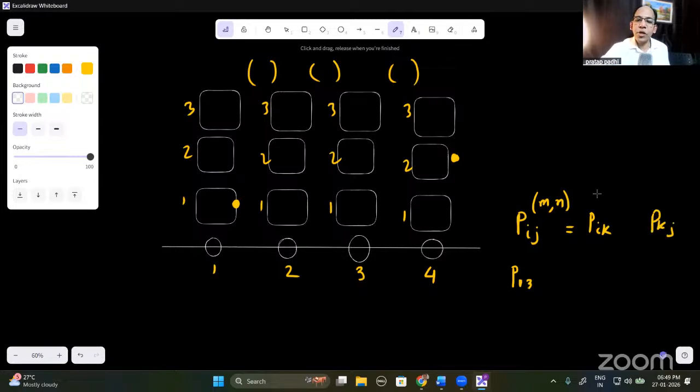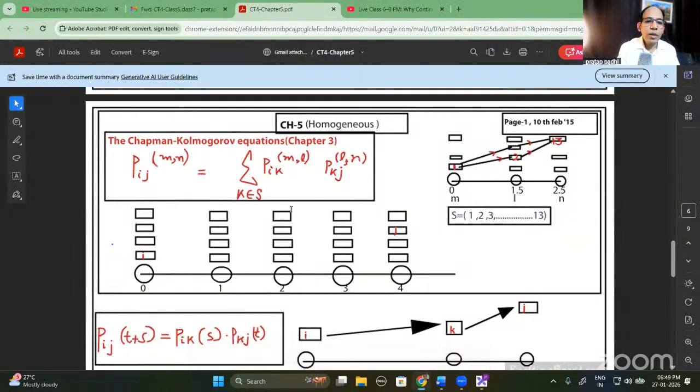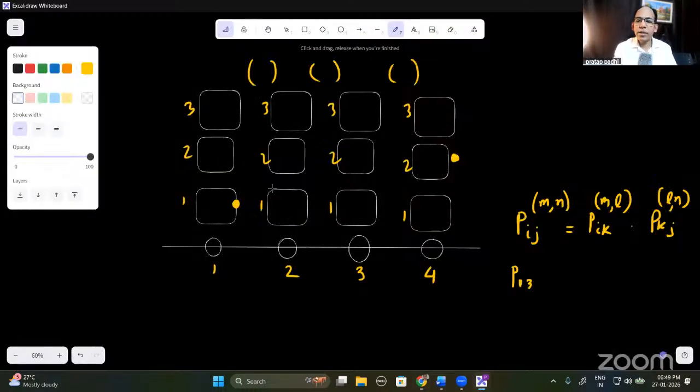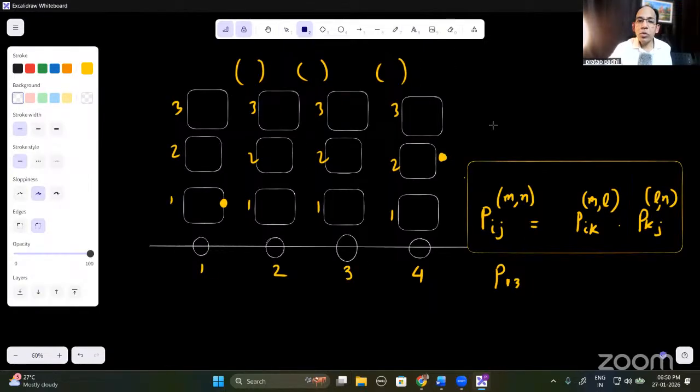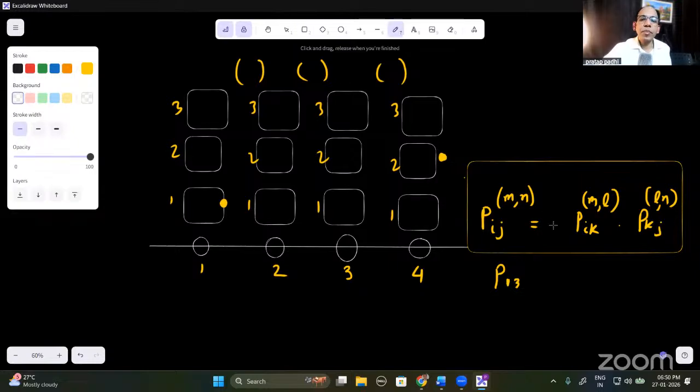This is Kolmogorov's equation I'm saying. m, l, and this is l, n, this one. I showed you. See, P_ik(m,l) P_kj(l,n), k belongs to S. Summation over k belongs to S. I will explain why summation. Now, let me write summation. This is Kolmogorov's equation, normal equation.